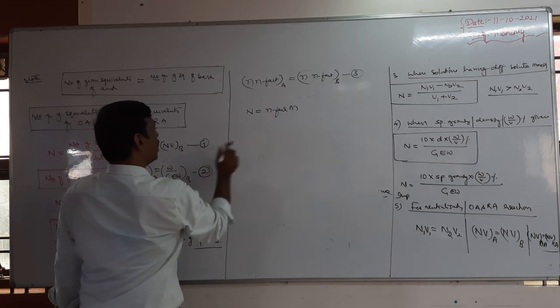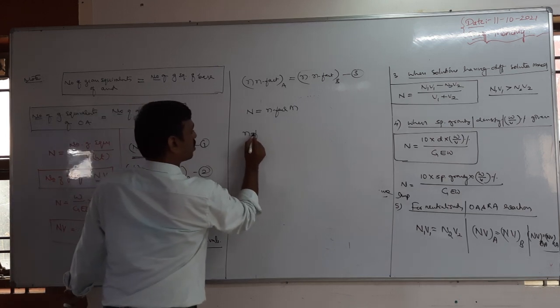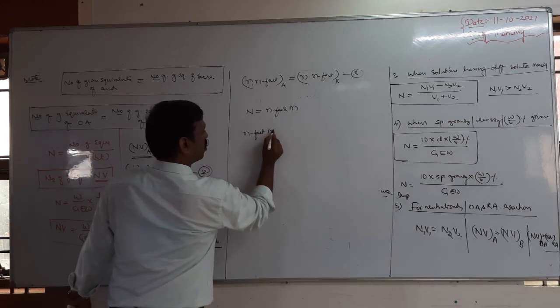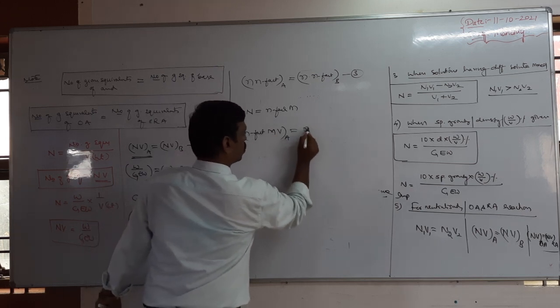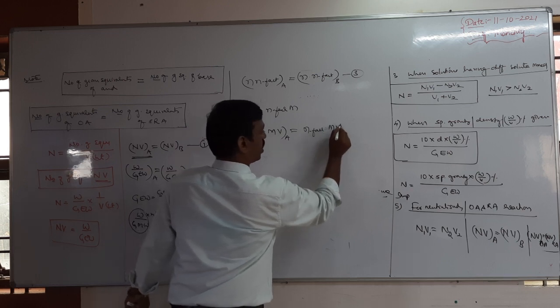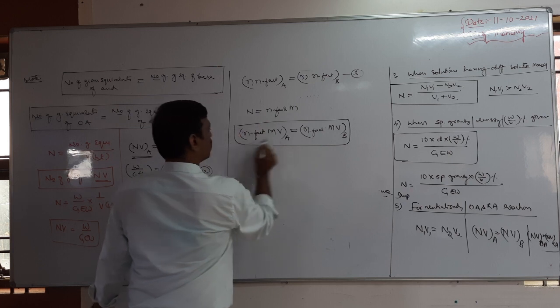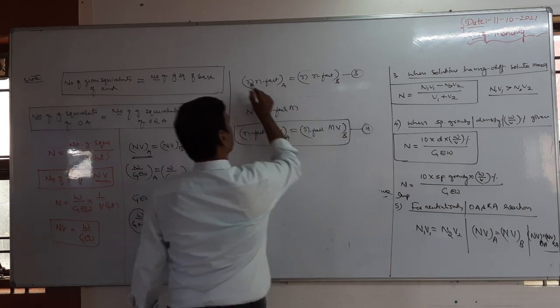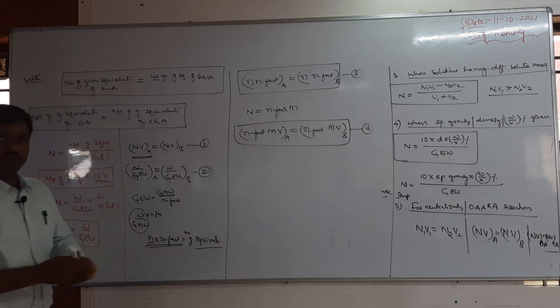Next, N into V: I can write N as N factor into molarity, into V, which is acid, also equal to N factor into M into V, which is base. So this is another formula, 4. All these 4 formulas are very, very important.